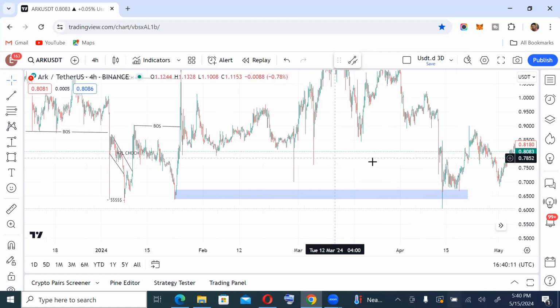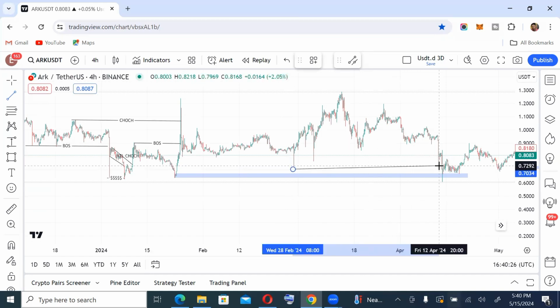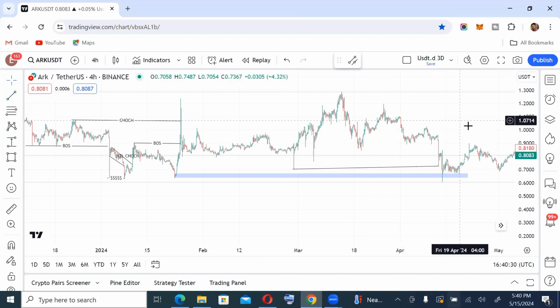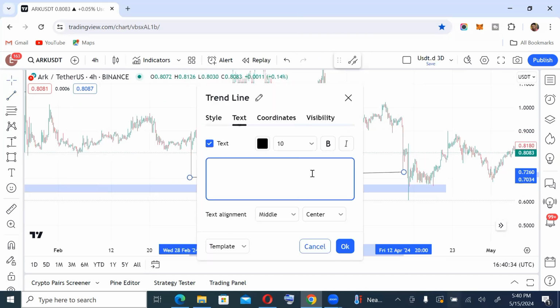At this point, price attempted to touch this, to mitigate this order block here. Price attempted it, but it failed woefully. Now, here can be called our inducement.